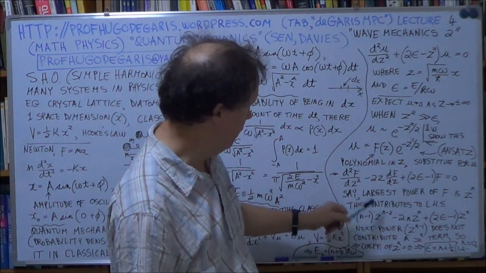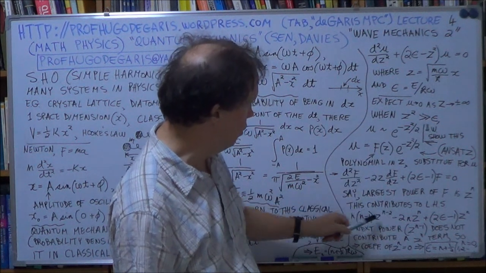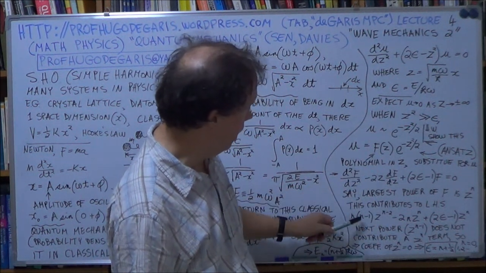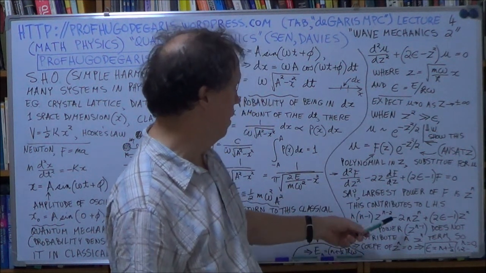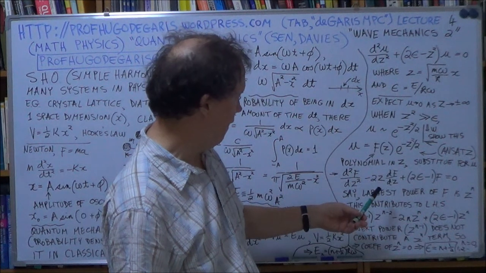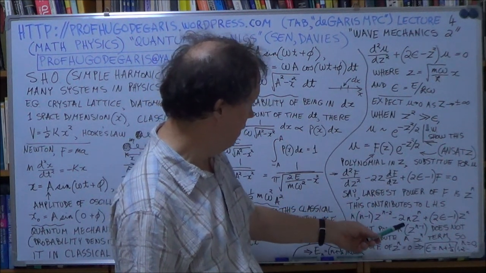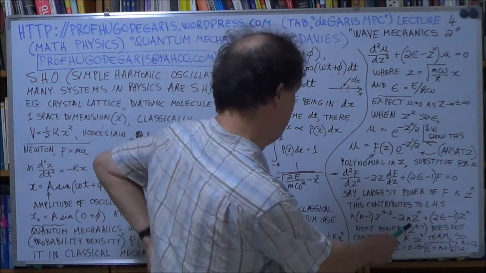Now if you're differentiating z to the n twice here, you'll get n minus 1, z to the n minus 2. And let's see, where does this come from?